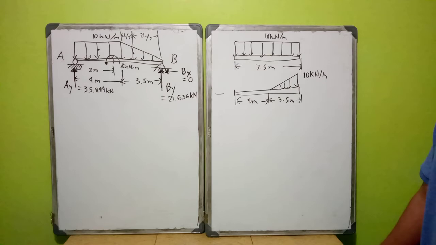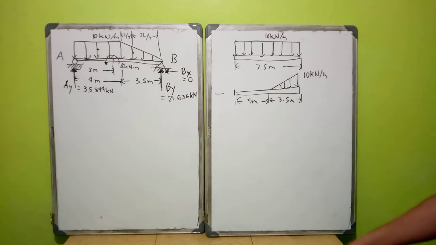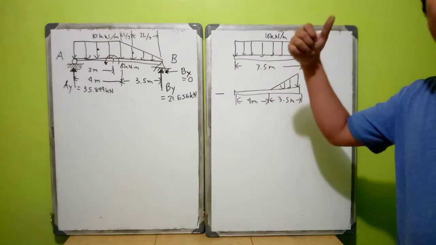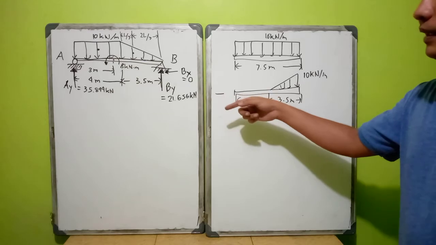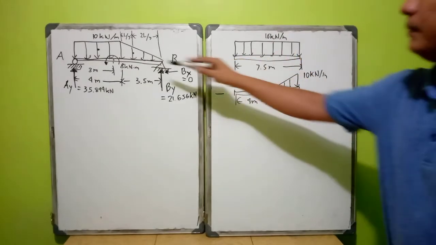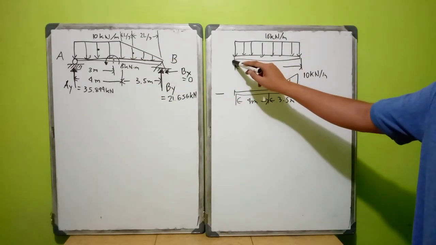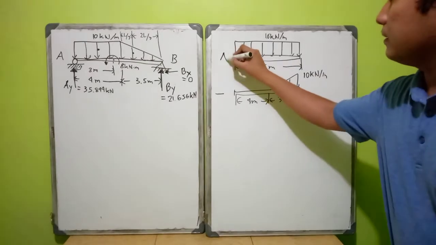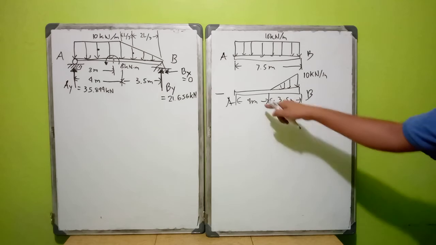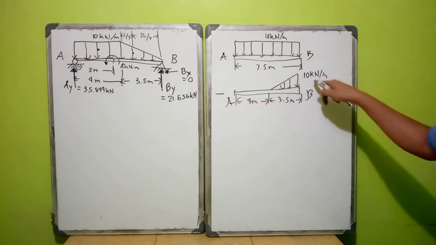So we need to convert it into an equivalent loading, in which that loading is continuous from where it begins. Here, this rectangular loading starts from A and ends at B. Here it starts 4 meters from A and then it is increasing.